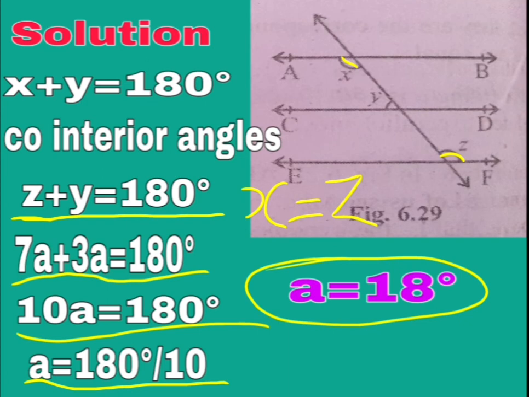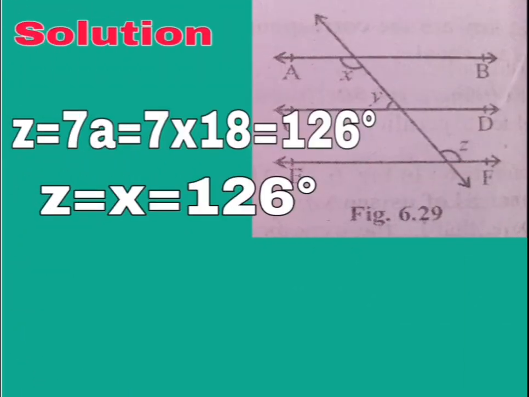So this a value will help us to find out the values for Z and Y, because in the beginning of the solution we wrote Z is equal to 7a, Y is equal to 3a, right? So when we find out this a value, it will help us to find out the values for 7a and 3a.